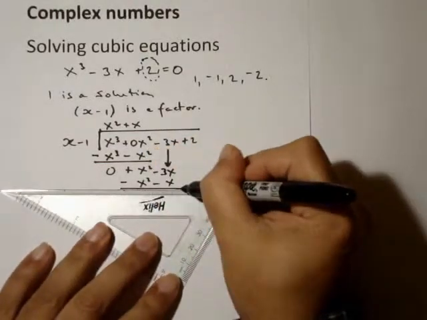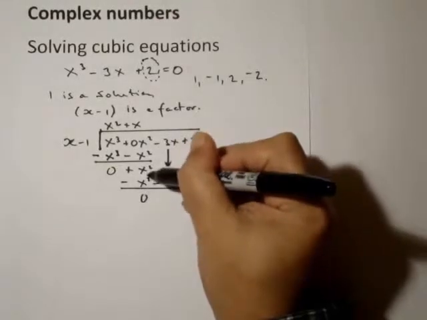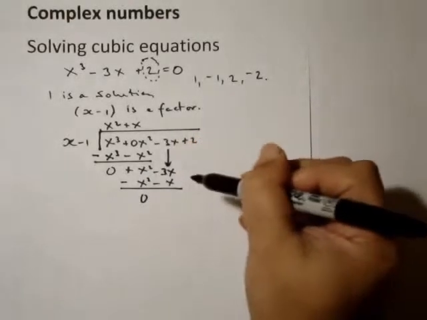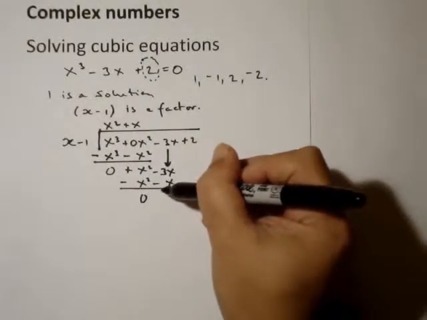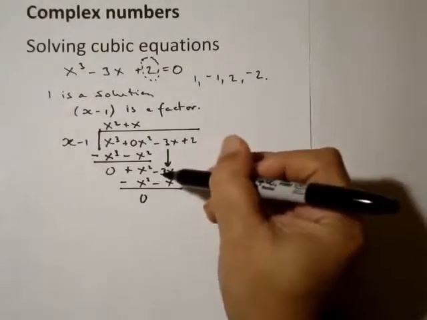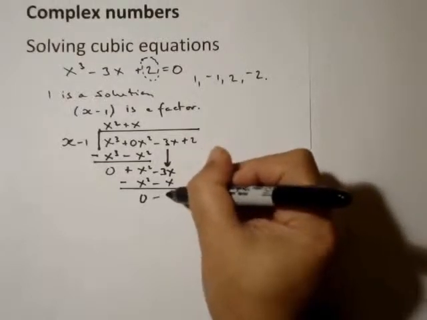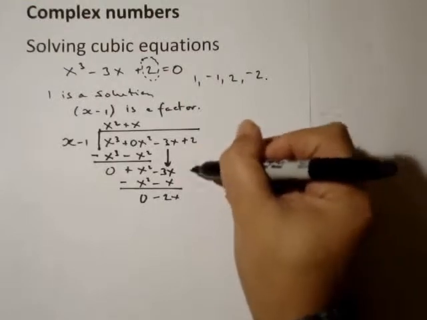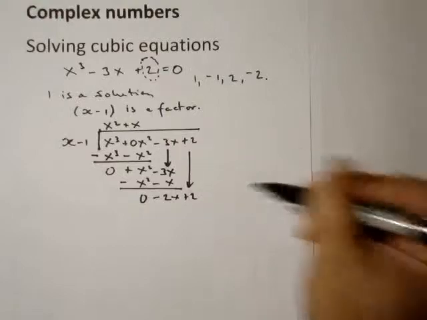So when we do that, we get 0. X squared minus x squared is 0. Minus 3x minus x is minus 2x. And we bring down the 2, so that's plus 2.